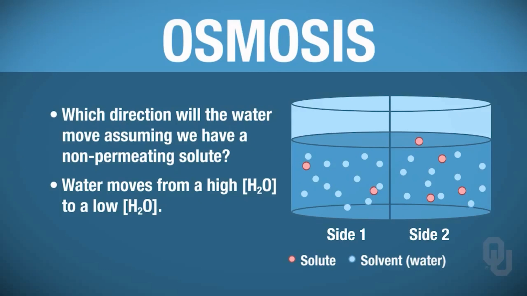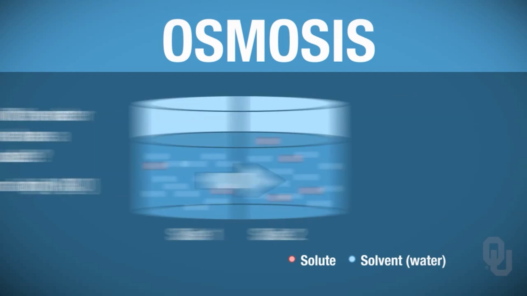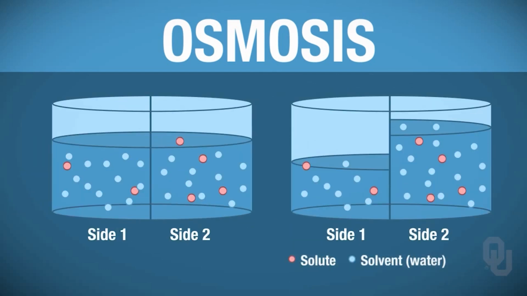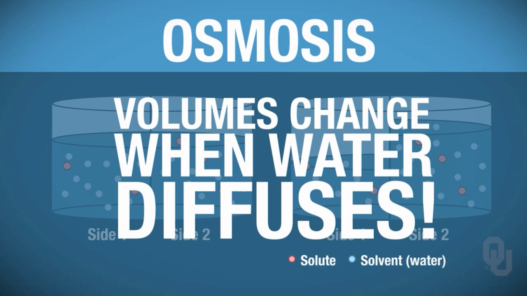So what will be the movement in osmosis? Again, remember, higher to lower water concentration. So the movement will be from side 1 to side 2. What do you notice? There is an increase in the volume on the other chamber, inside side 2, because water moves from side 1 to side 2. So remember, in osmosis, volumes change when water diffuses. So that is the process of osmosis.